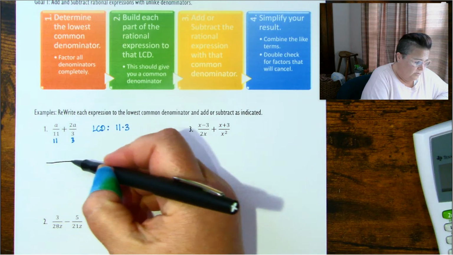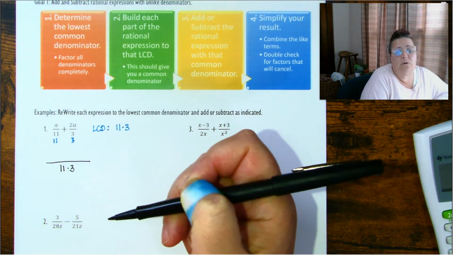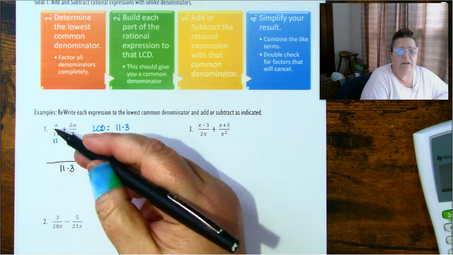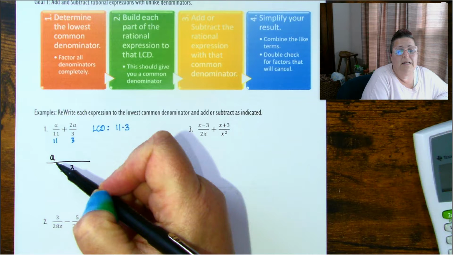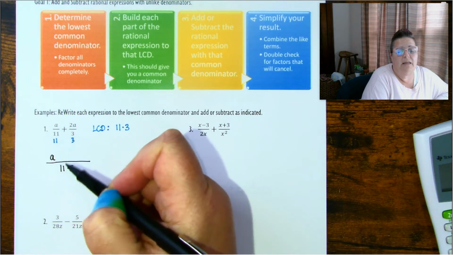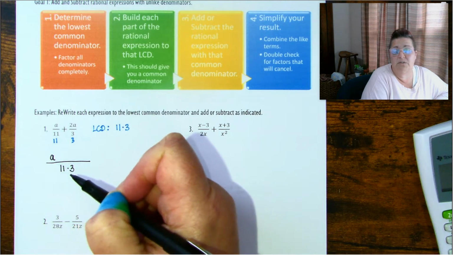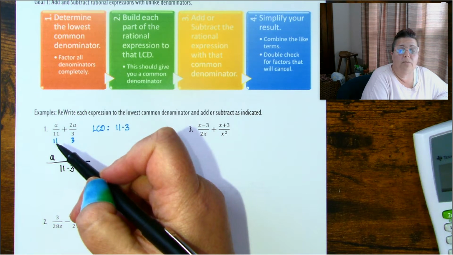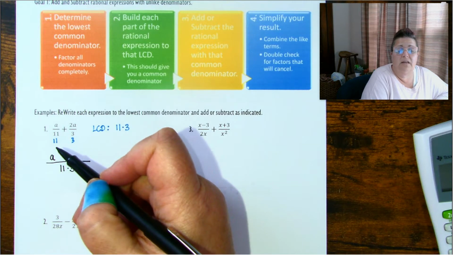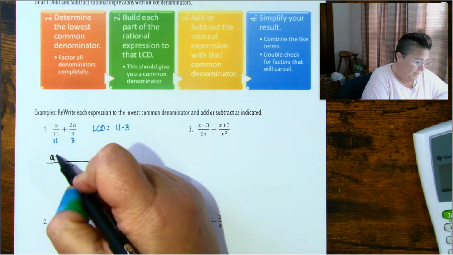So with my new denominator, which is 11 times 3, I'm going to take my first numerator, that's the a, and what would I need to multiply the a by in order to build it to a denominator of 11 times 3? Since the a was already over the 11, and I multiplied that 11 by 3, I'm going to need to multiply that a by 3.